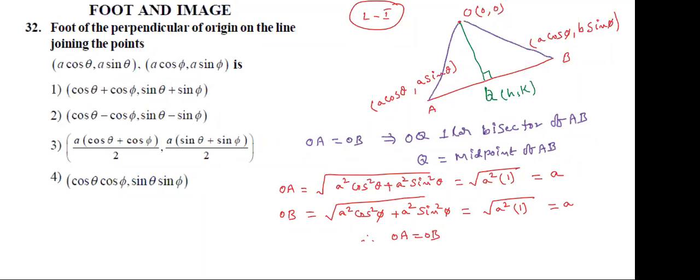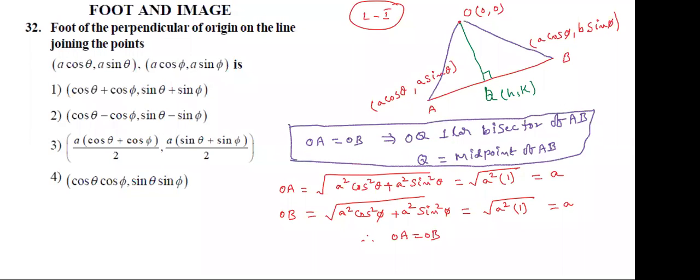But here I already explained the concept. OA equal to OB means OQ is the perpendicular bisector of AB, where Q is the midpoint of AB. Now, the foot of the perpendicular is Q only. Q is (h, k), that is the midpoint of AB.